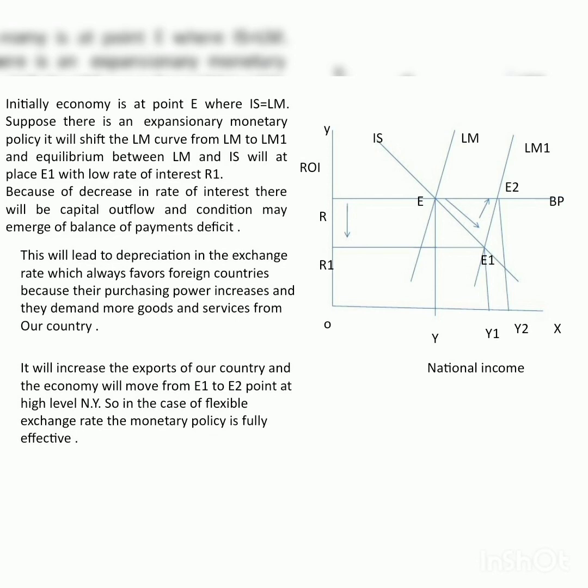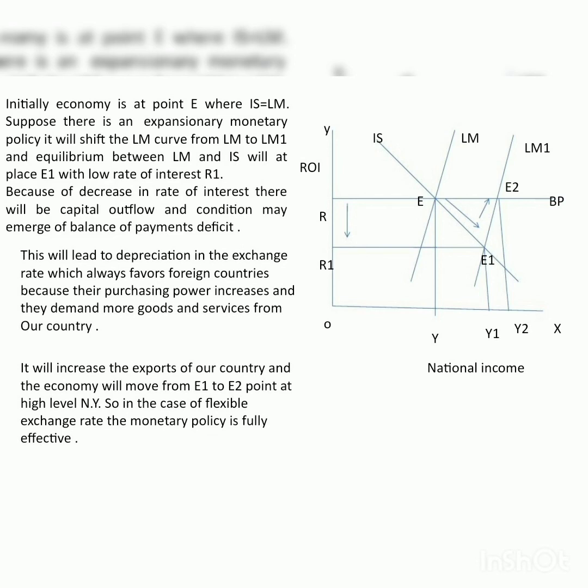As I have already explained, the decrease in the rate of interest causes capital outflow, and a balance of payment deficit may emerge. This will lead to depreciation in the exchange rate, which always favors foreign countries because their purchasing power increases and they demand more goods and services from our country. It will increase the exports of our country and the economy will move from E1 to E2 at a high level of national income. And so, in the case of a flexible exchange rate, monetary policy is fully effective.